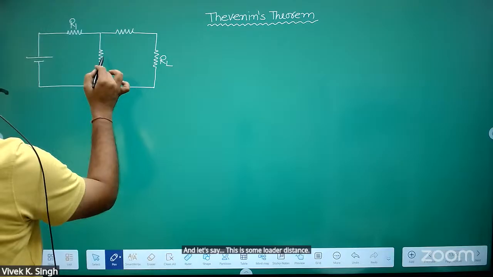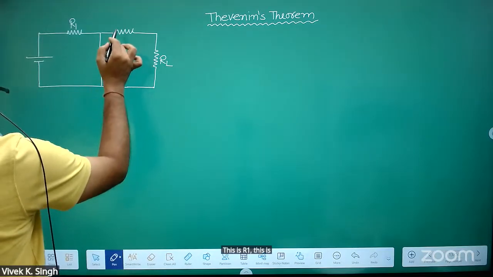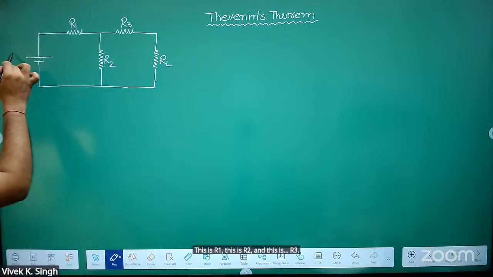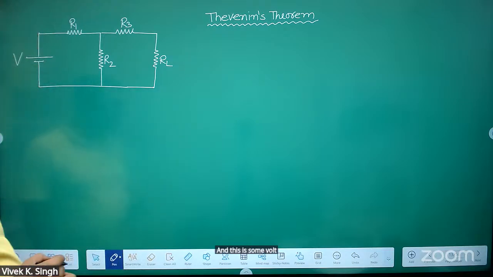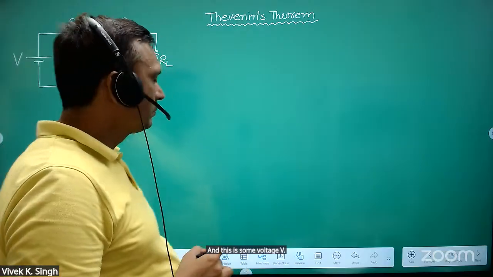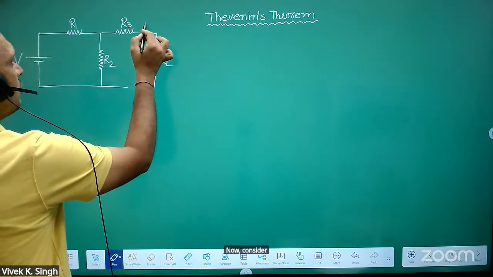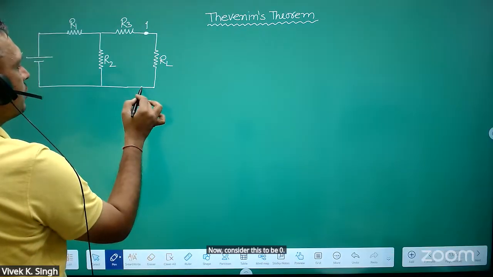This is R1, this is R2, and this is R3. And this is some voltage V. Now consider this to be point 1 and this to be point 2.